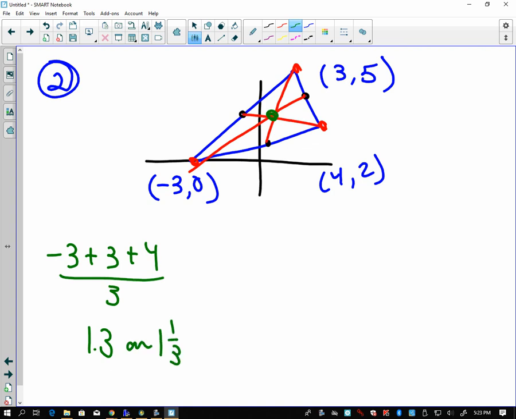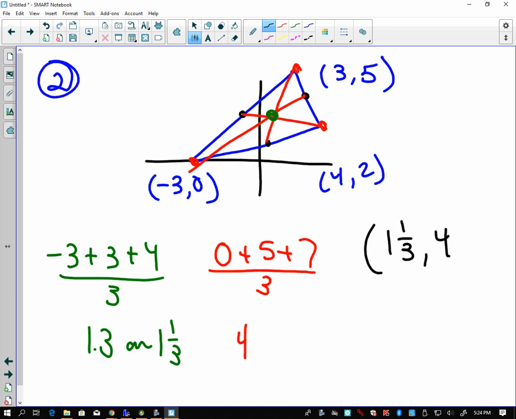Then you take your y: 0 plus 5 plus 7, divided by 3. 5 plus 7 is 12, and 12 divided by 3 is 4. So your whole coordinate is 1 1/3, 4.